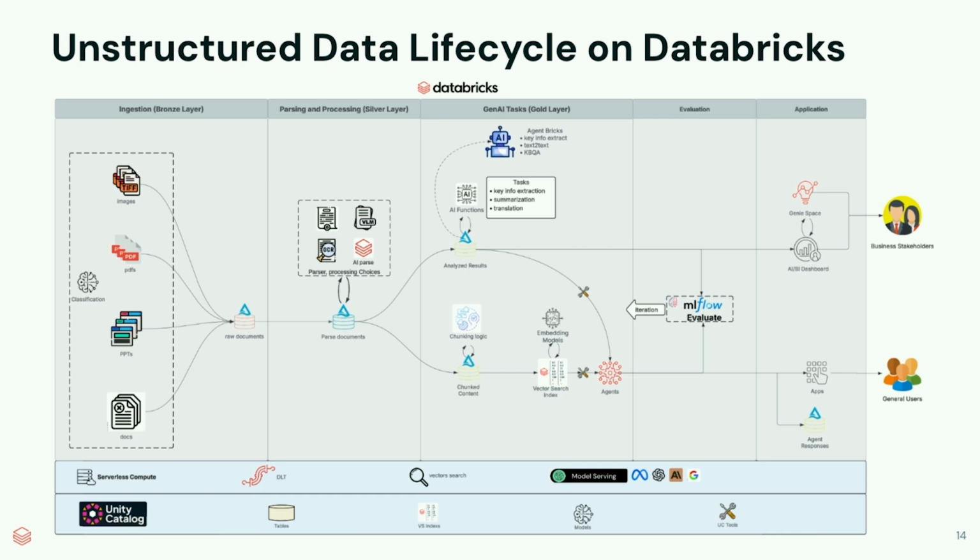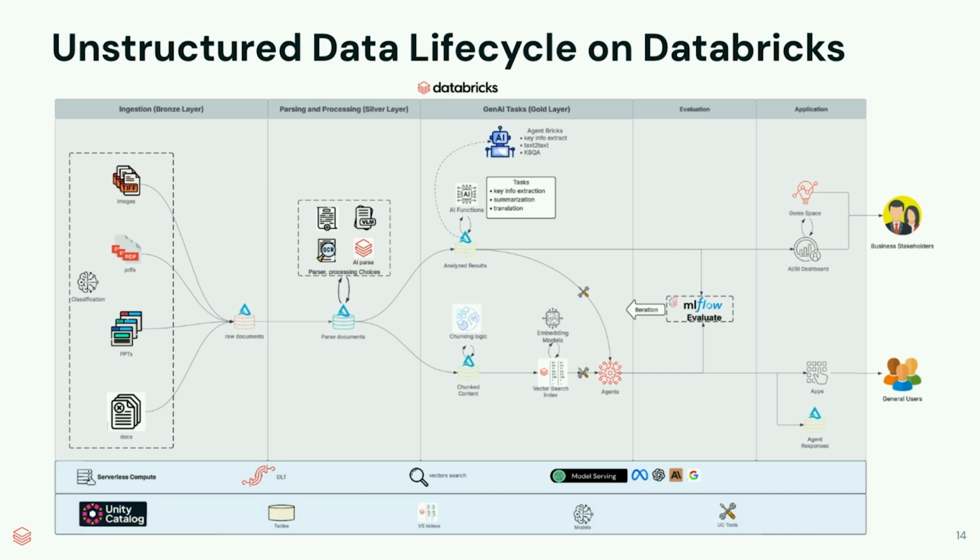On the very top, this robot sign is the Agent Bricks. Those agents are also designed to perform those tasks. Typically, after the batch workload, the downstream application can be a dashboard or a Genie, or it can be a table used by other systems or by other internal stakeholders, right?